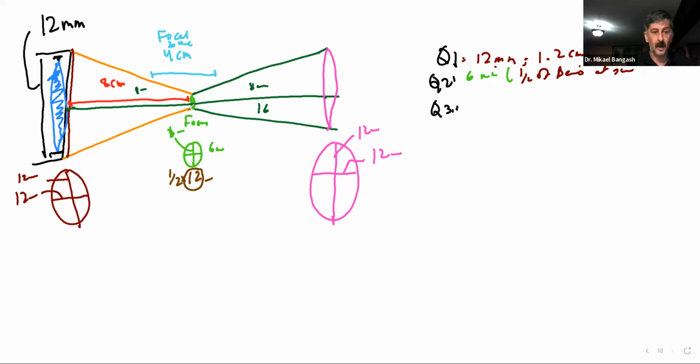The equivalent on the other side of the far zone diverges out. So it's going to come back to being 12 millimeters wide or tall. Did that make sense?